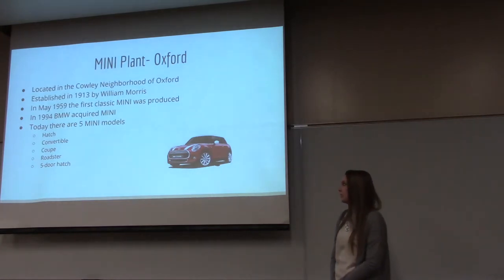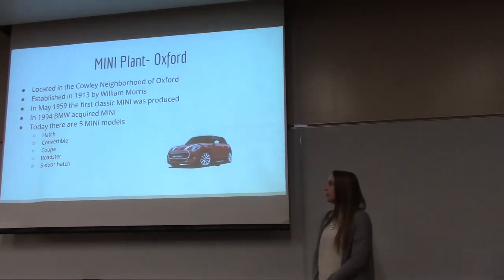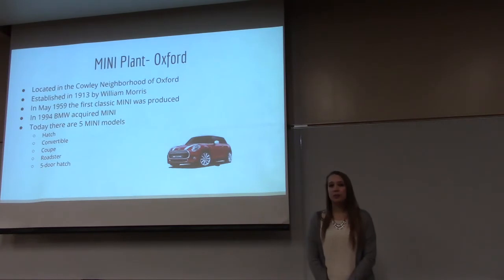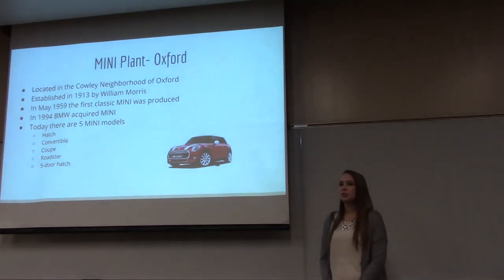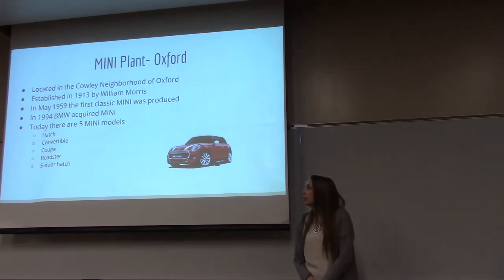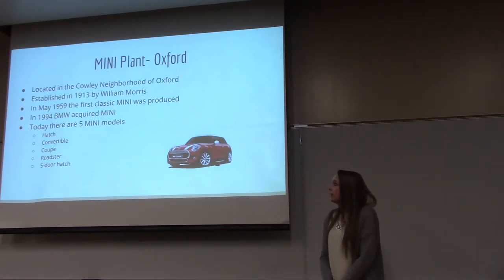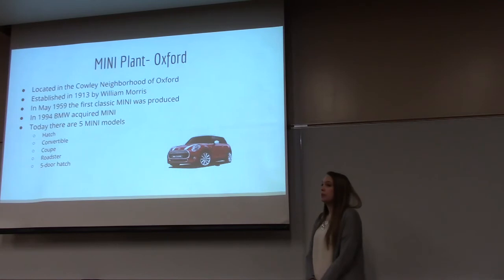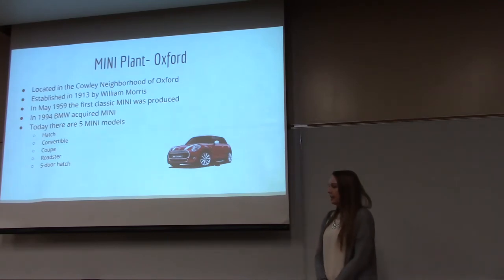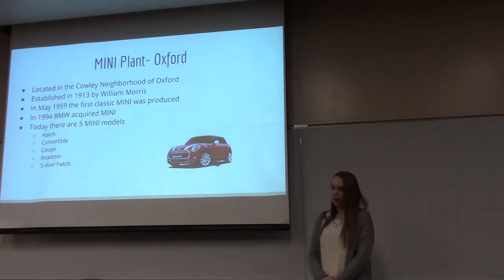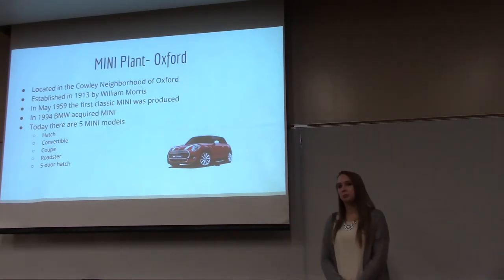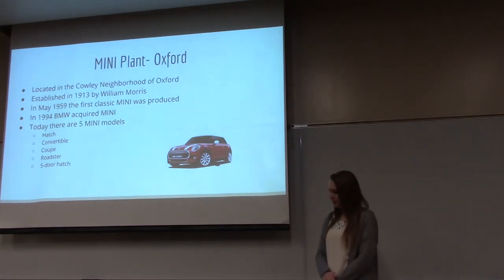Another place we'll be visiting in Oxford is the Mini Plant. It's located in the Cowley neighborhood of Oxford. It was established in 1913 by William Morris. In May 1959, the first Mini car was produced. Then in 1994, BMW acquired the Mini Plant to update production.